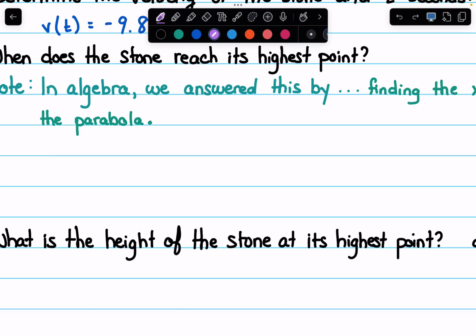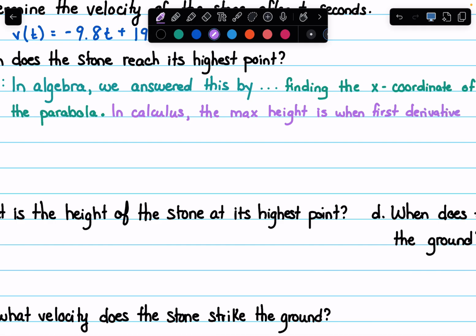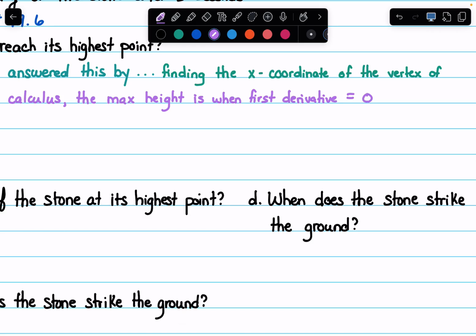In calculus, we can find this by saying the max height is when the first derivative equals 0.